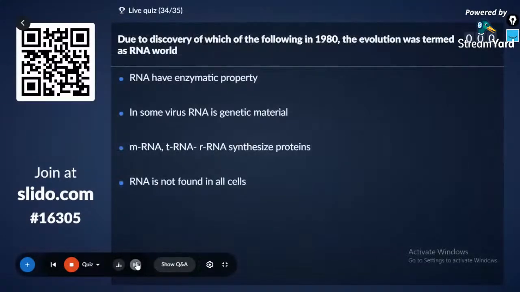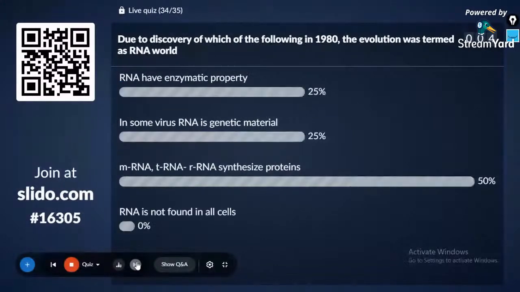34th question on the screen. Due to the discovery of which of the following in 1980, evolution was termed as the RNA world? RNA has an enzymatic property in some viruses; RNA is genetic material; mRNA, tRNA, rRNA synthesize protein; RNA is not found in any cells. Due to the discovery that RNA has an enzymatic property, evolution was termed the RNA world.